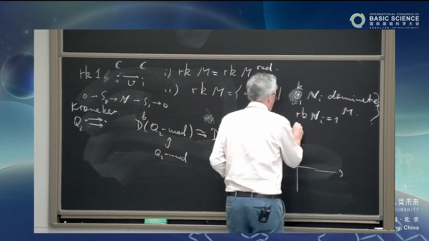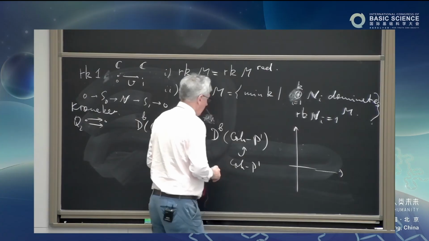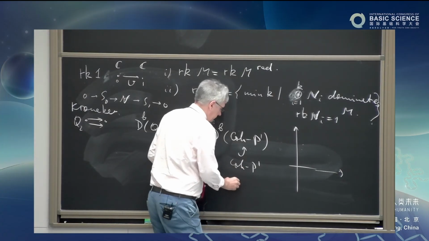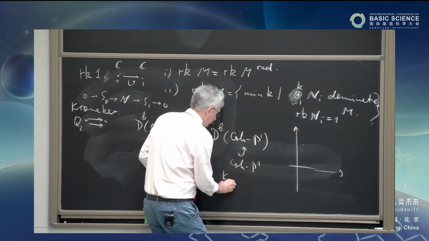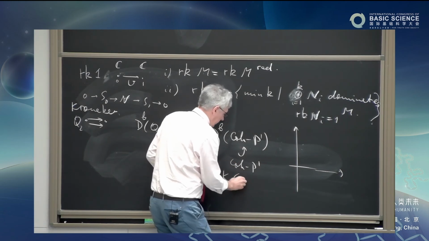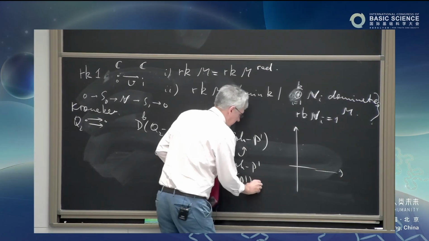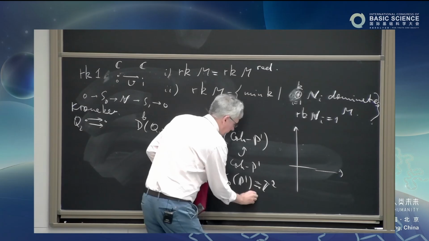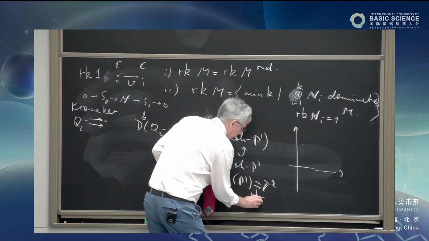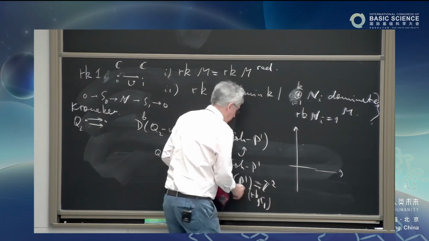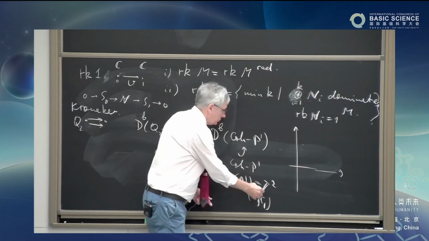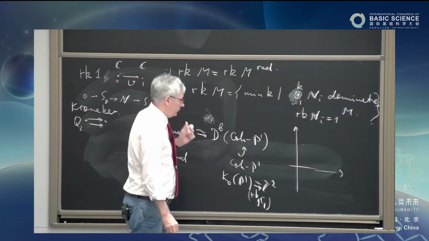A coherent sheaf has rank. The Grothendieck group of P1, meaning of this derived category, is Z squared, and the map from here to here is given by the rank and the first Chern class, C1, of the object here. So this is the map which gives an isomorphism.